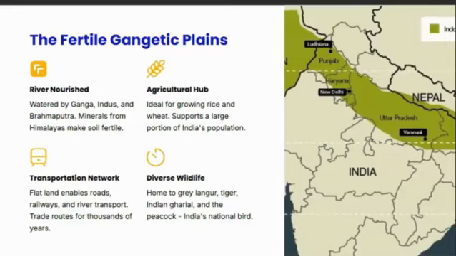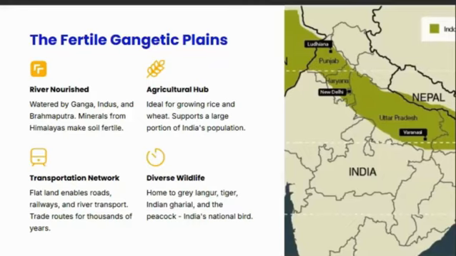Now we have the Gangetic Plains. The Gangetic Plains are nourished by the Ganga, Indus and Brahmaputra. These rivers carry minerals from the Himalayas that make the soil fertile. That's why it is called the fertile Gangetic Plain.